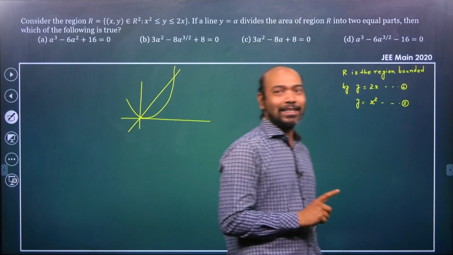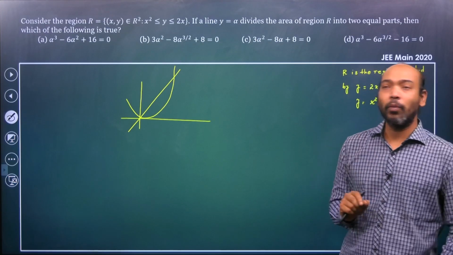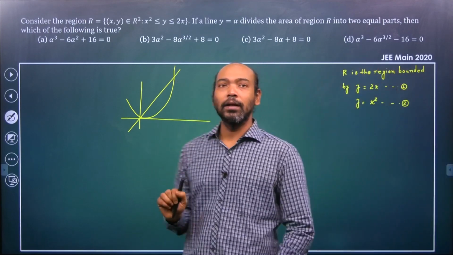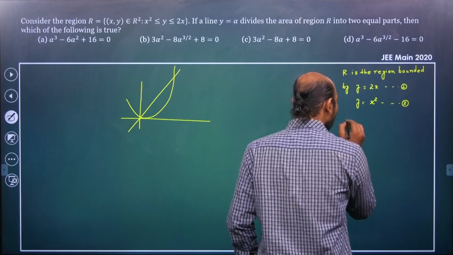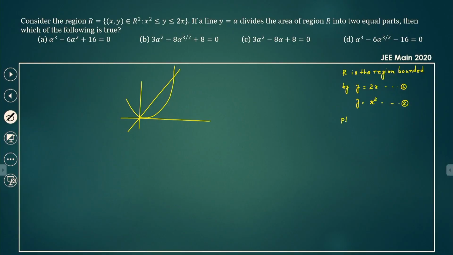So they will intersect. Let's find out the point of intersection. For the point of intersection, we consider that x square is equal to 2x.